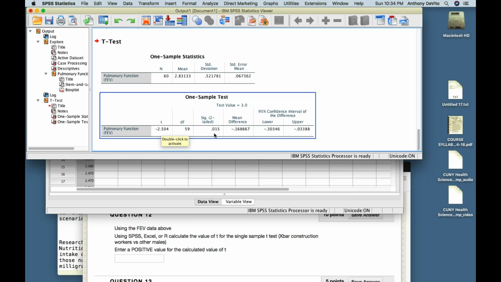So we want this to be less than what value? You guys tell me, what value do we want this to be less than if we want to reject our null hypothesis? 0.05, 5%, exactly right. Okay, so since the probability that we would be wrong if we reject our null hypothesis is less than 5%, we reject our null hypothesis and accept our alternative hypothesis that there is a difference between these two populations.